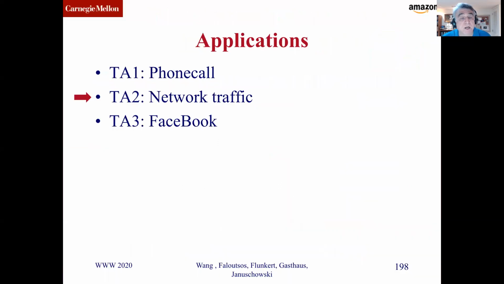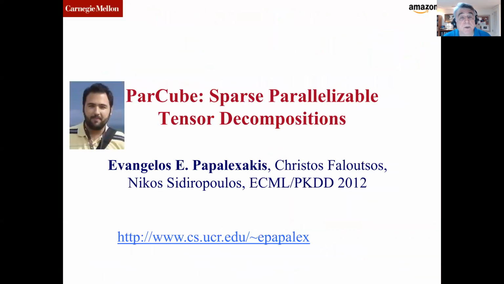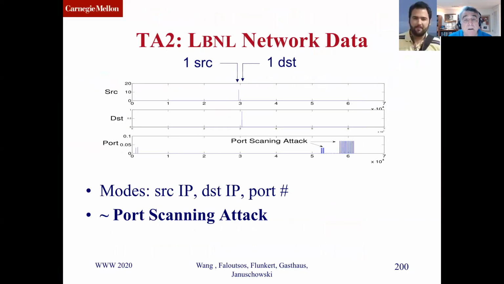The second data set is network traffic, also a public data set. The main author here is Vangelis Papalexakis. Vangelis studied this data set. The tensor had no temporal mode in this example. It was only source IP, destination IP address, and port number.